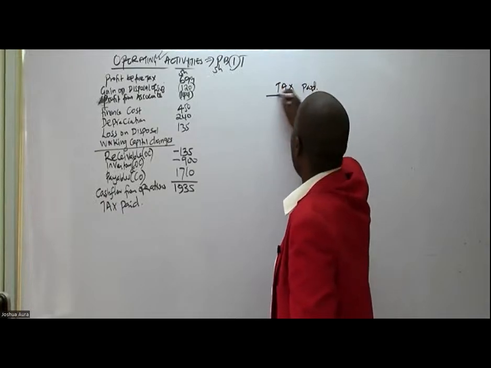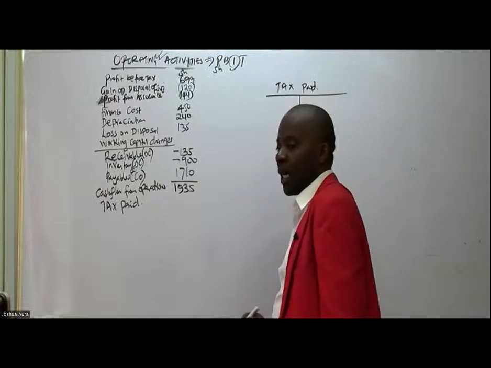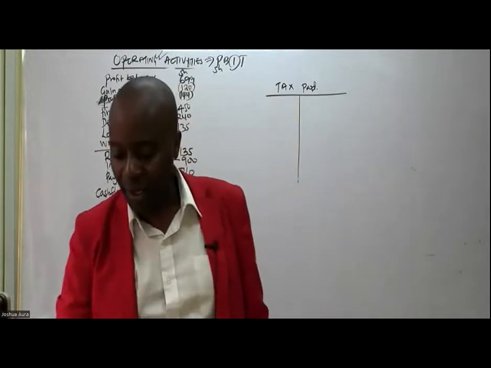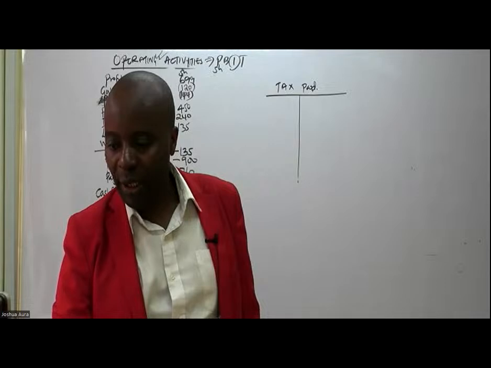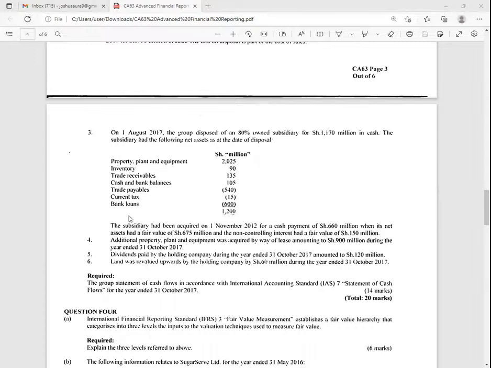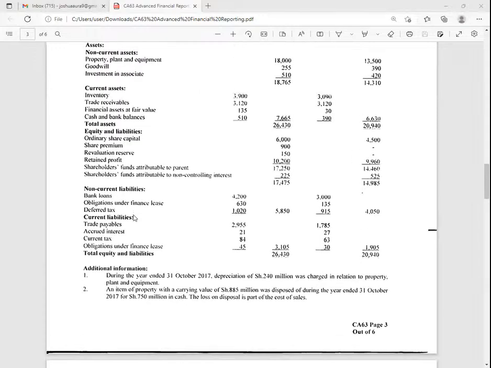So we have here the tax paid account. It's a tax payable account. It's a liability account. For the tax paid, balance brought forward, I can see the non-current assets have got deferred tax. Deferred tax brought forward is 915.